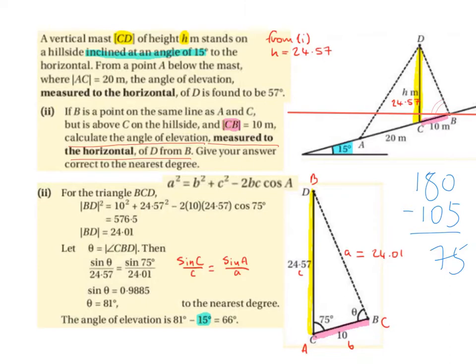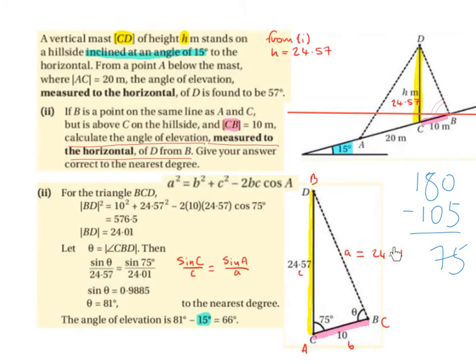Okay, so I have a side, an included angle, and a side. So I'm going to use the cosine rule. The cosine rule is a squared equals b squared plus c squared minus 2bc cos A. So I need to label my triangle. Since there's a capital A in my formula, the angle that I have has to be labelled as capital A. So the 75 degrees gets relabelled as A, and the side opposite it gets labelled as lowercase a.